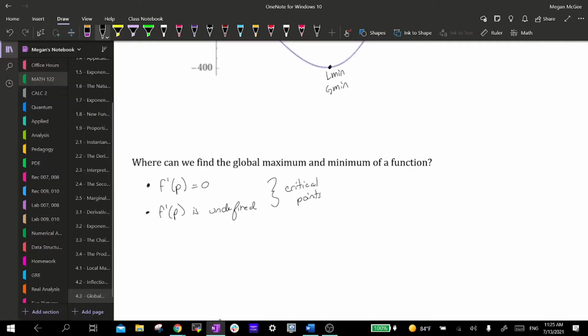But in addition to checking our critical points, we must also check the endpoints of an interval. All right, so that would be a and b, or a less than or equal to x less than or equal to b. That's how we would find our endpoints, and we'd check those endpoints. All right, so not only do we have our critical points as options, but we also need to check the endpoints.